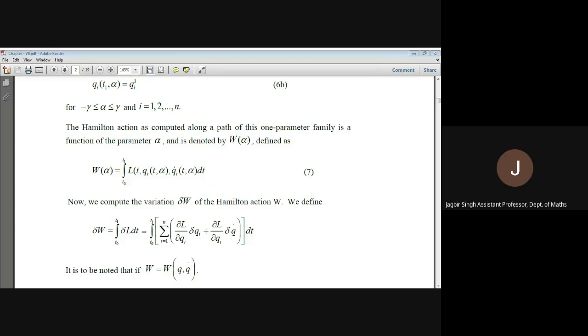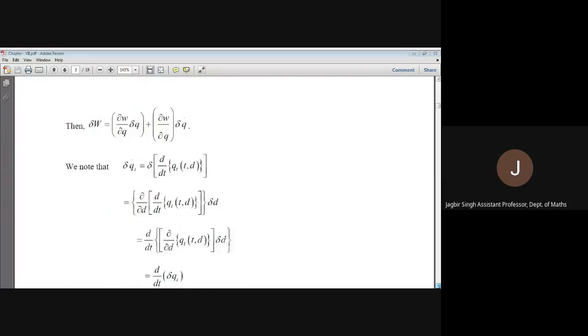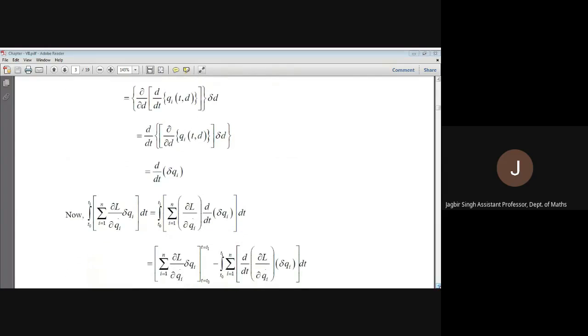We are solving the second integration of the second term, integration t0 to t1, summation i from 1 to n, curly L by curly Qi dot del Qi dot dt, which is equal to integration t0 to t1, summation i from 1 to n, curly L by curly Qi dot d by dt of del Qi dt.